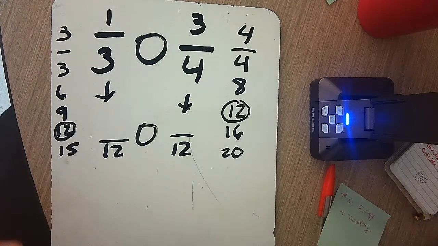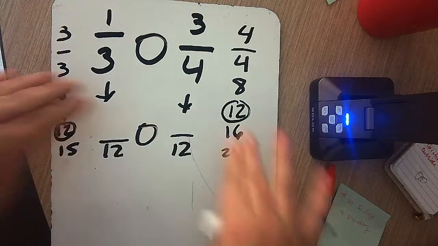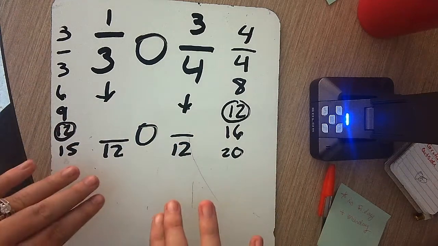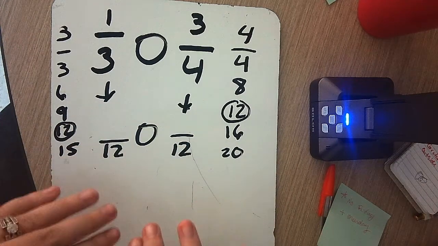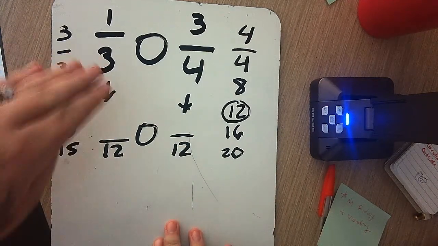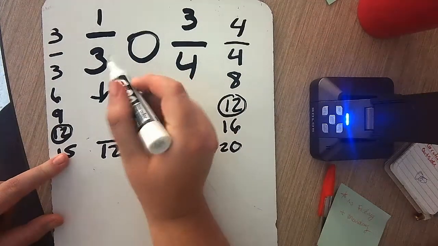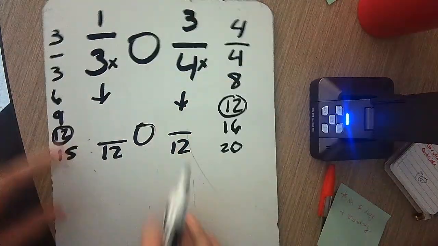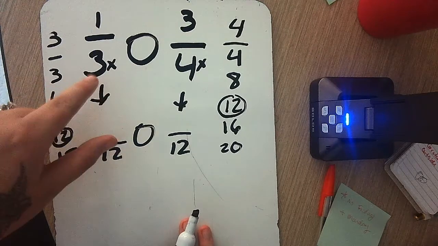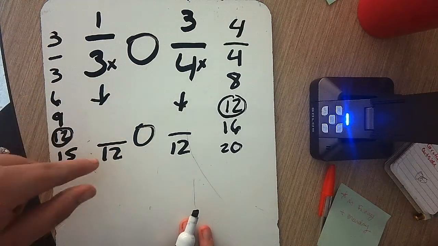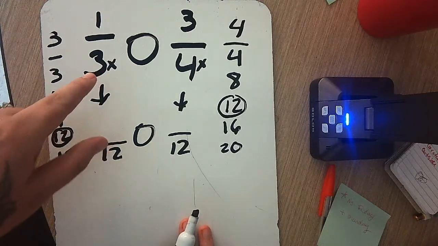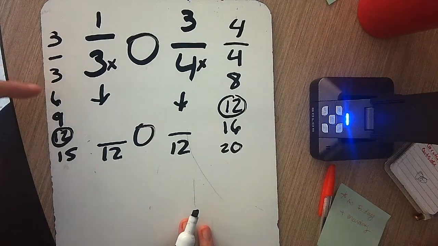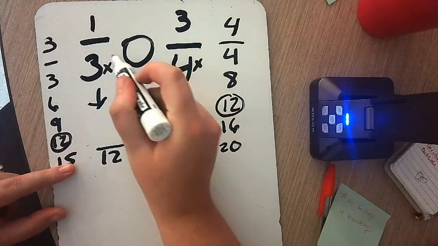So if we've changed our denominator to 12, we have to literally do that. The question we're answering now is, what digits or factors did I multiply this digit by to get that 12? So I multiplied 3 by 1, 2, 3, 4, or you might have already known that and not needed to count.